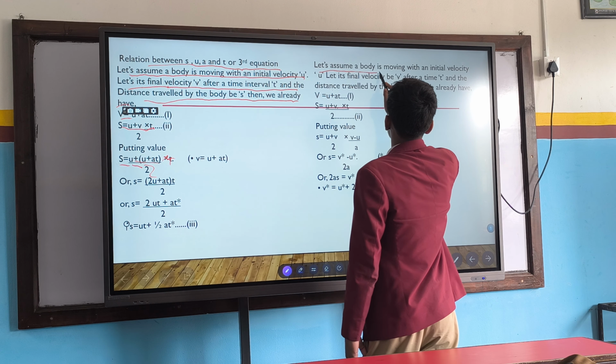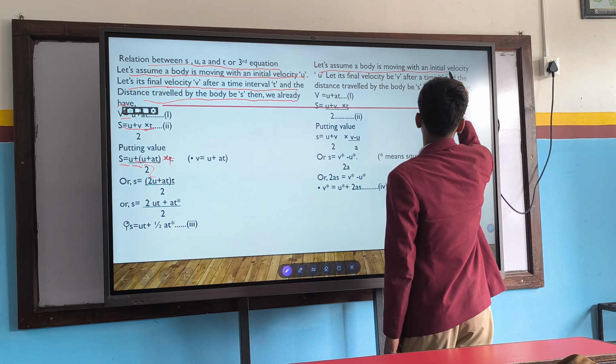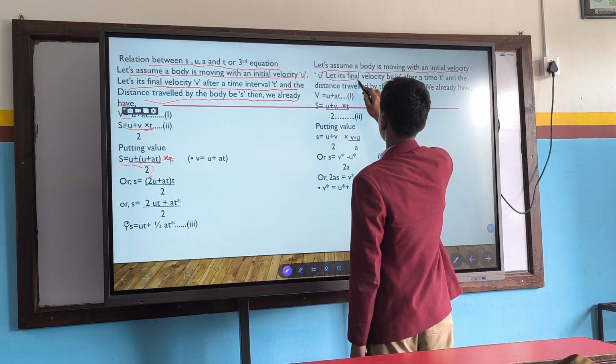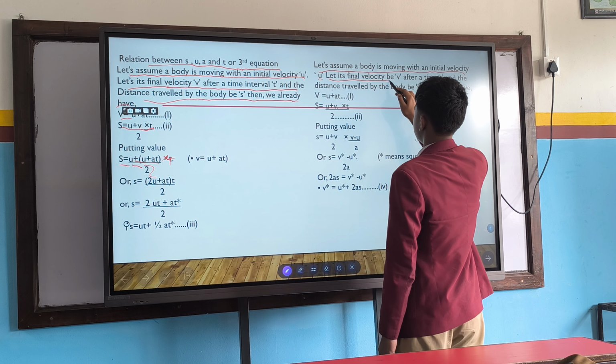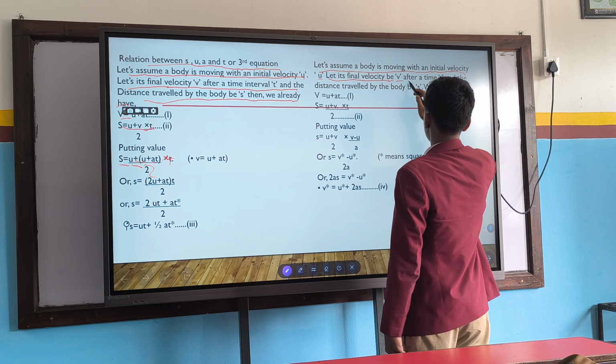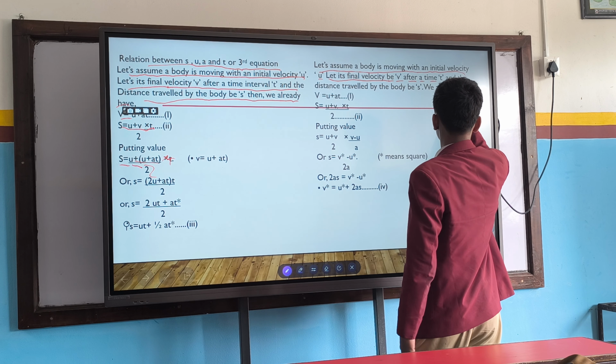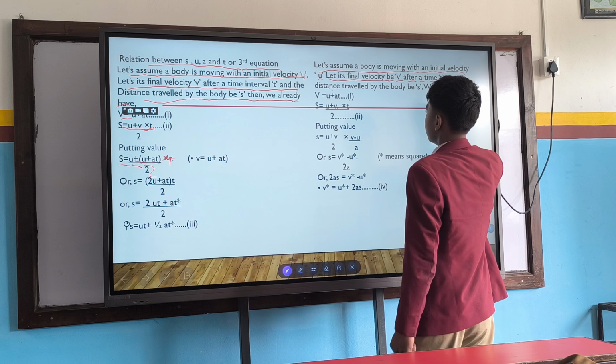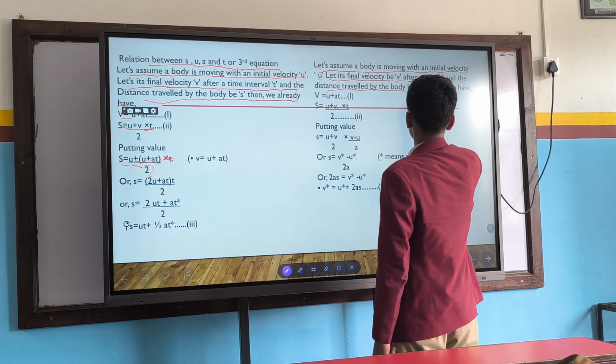Let's assume a body is moving with an initial velocity u. Let's find its final velocity v after a time taken t, and the distance traveled by the body s.